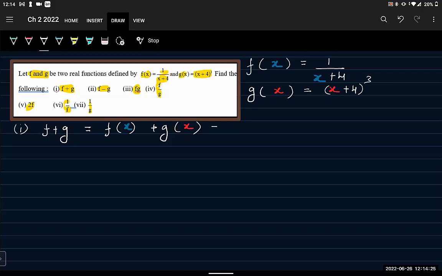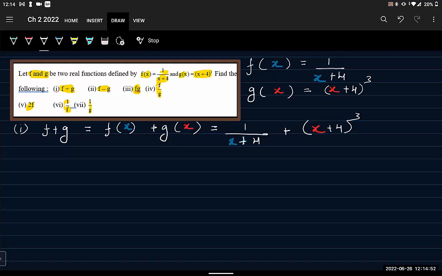So directly I will substitute the values. f of x is 1 upon x plus 4 and g of x is (x plus 4) whole cube. No need to simplify. We can leave it all over here. This can be taken as our final answer.